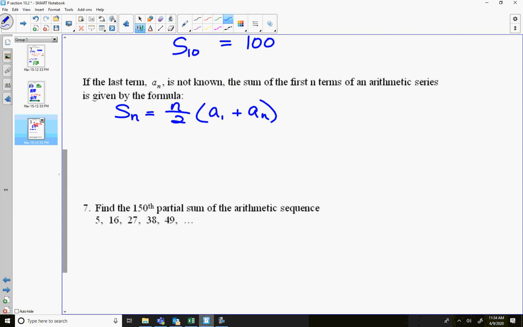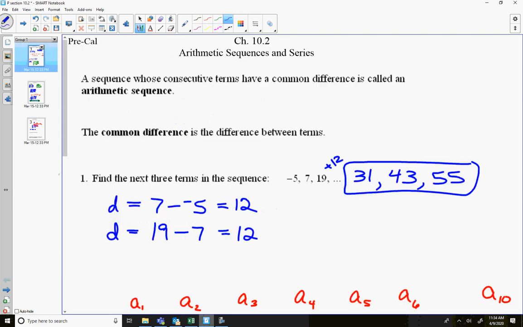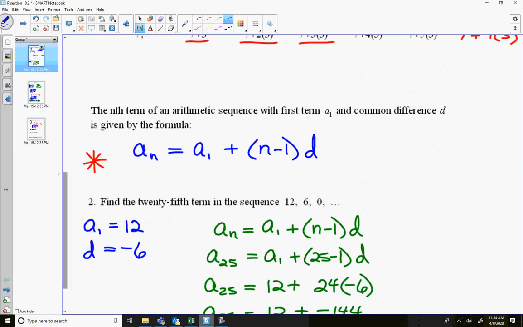But if we don't know this, we do. Right here, the nth term is the first term plus n minus 1 times that common difference.